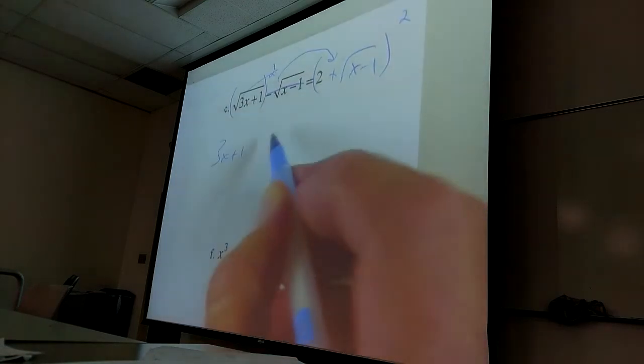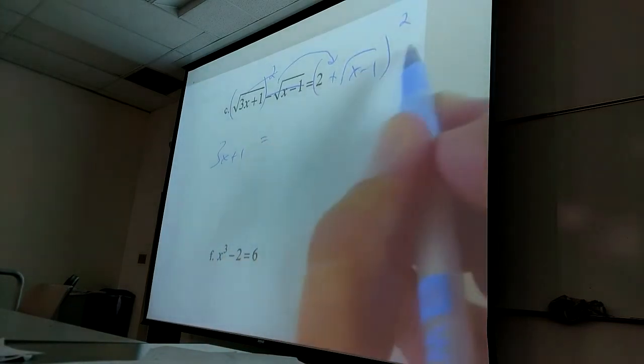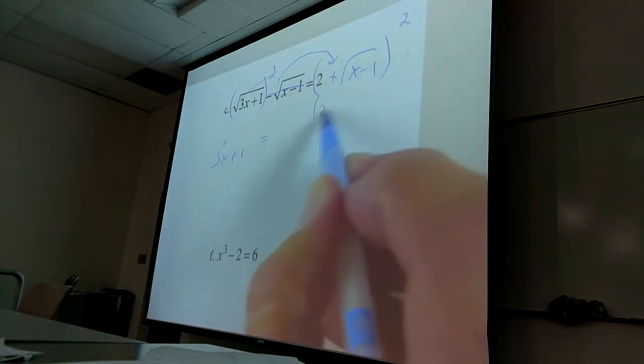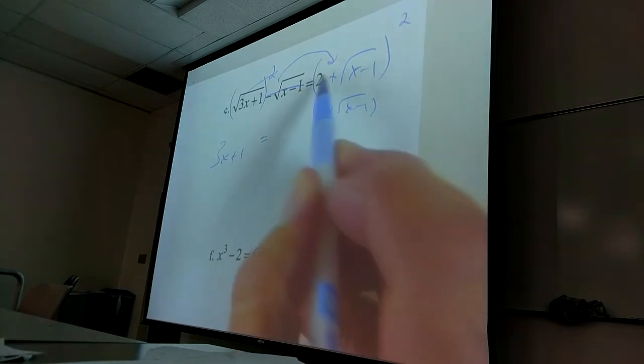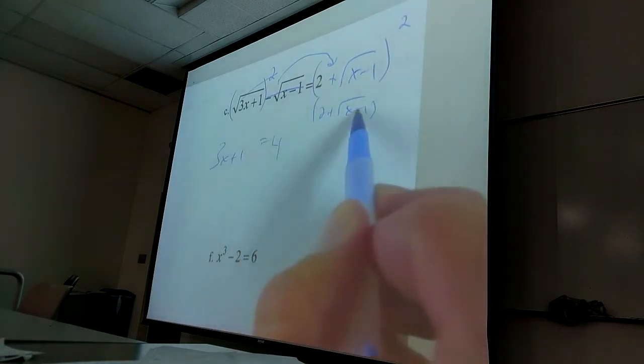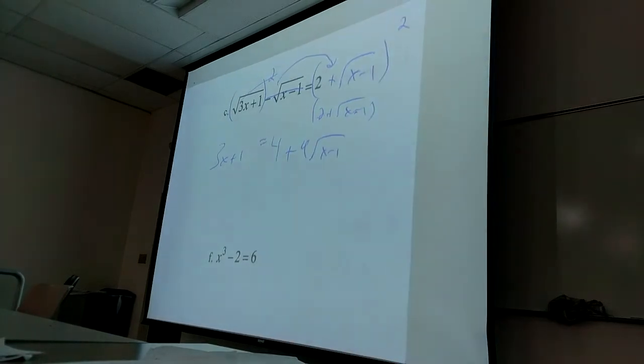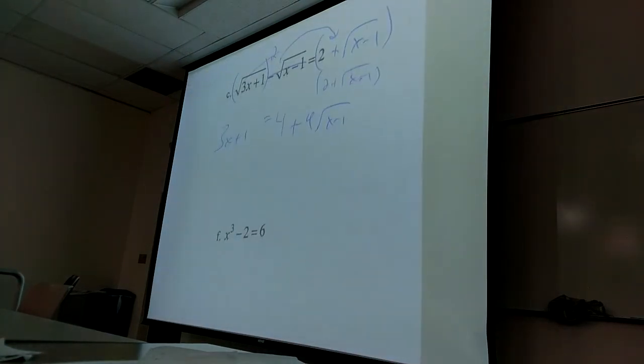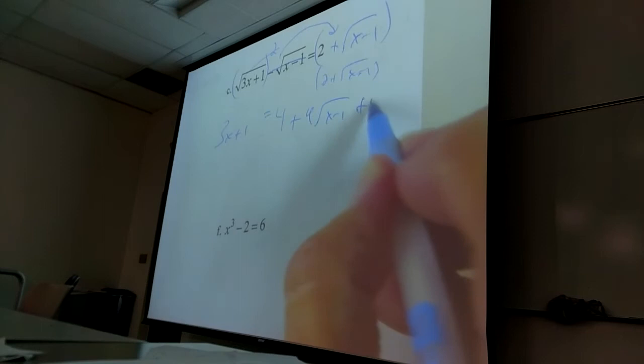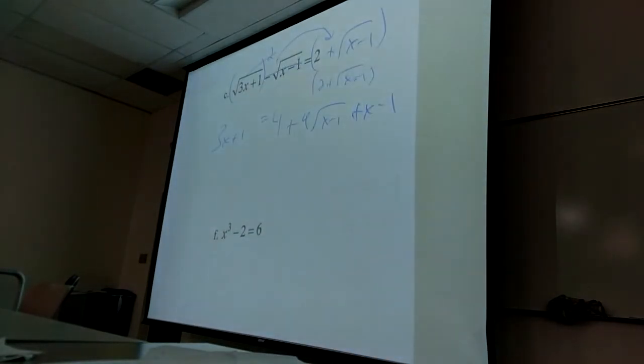What's going on? So then you have to write this twice. 2 times 2 is 4. 2 of these and 2 of these is 4 of these. Square root of x minus 1 times the square root of x minus 1 is x minus 1. And then you isolate. Now what I did here was, you don't have to introduce fractions.